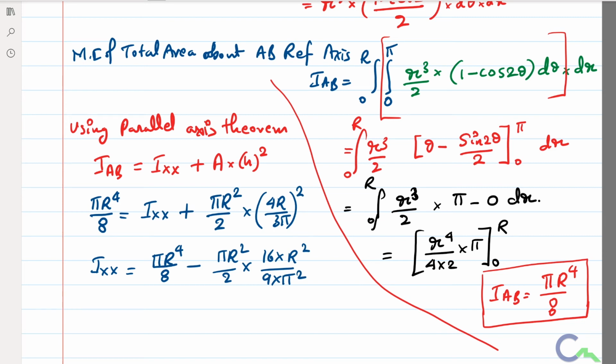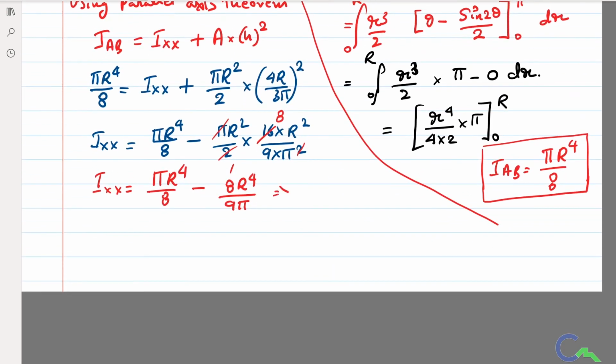Here pi in the numerator and pi in the denominator get cancelled, so the remaining is Ixx equal to pi r to the power 4 divided by 8 minus 8 r to the power 4 divided by 9 pi. If I simplify this, I will get Ixx equal to 0.11 r to the power 4. This is the Ixx value.